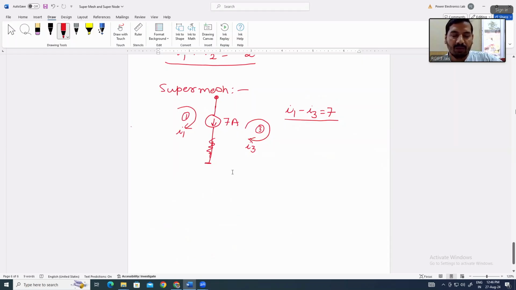Okay, so from the next class, I will start network theorems, where there are 4 network theorems that we have to study. The first one is superposition theorem.